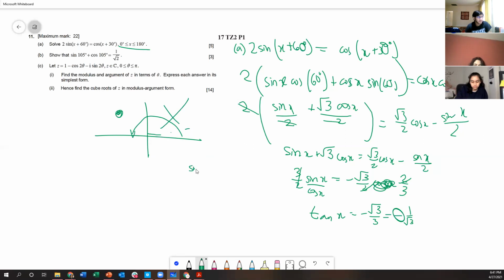The sine of 30 is 1/2, and cos of 30 is root 3 over 2. The 2's will cancel, and I'm going to get 1 over root 3. Sorry, I just needed to confirm that for myself. So I know this is going to be 30 degrees to get the positive value. To get the other side, I'm going to do 180 minus 30, and that implies that x equals 150 degrees.